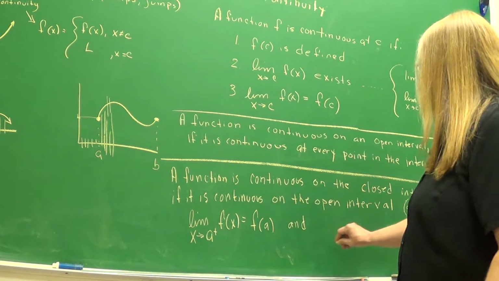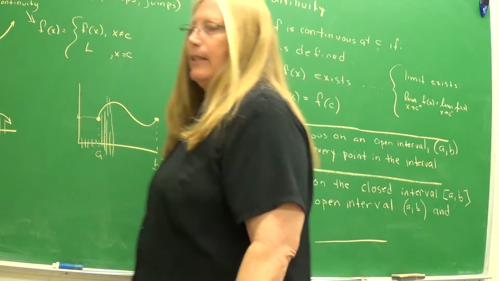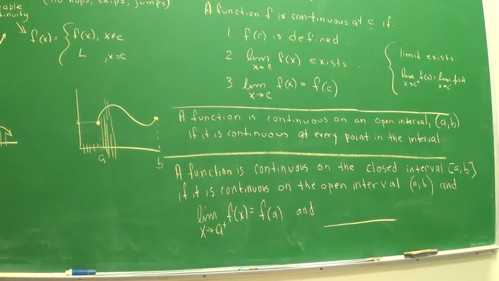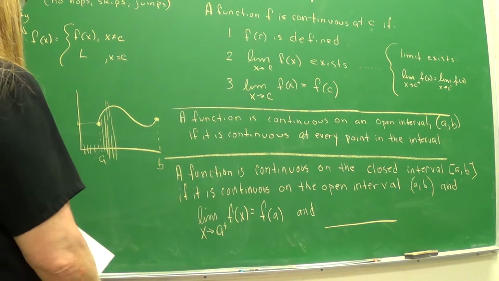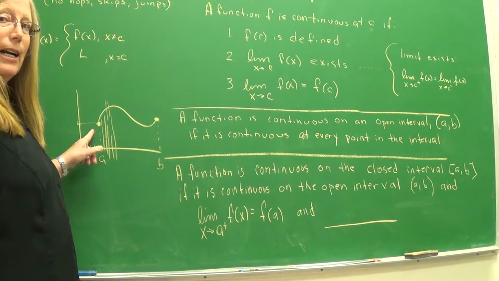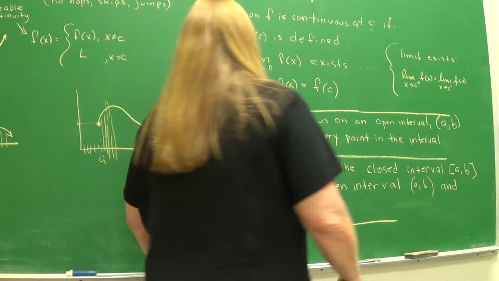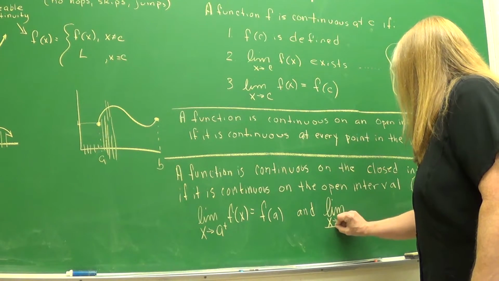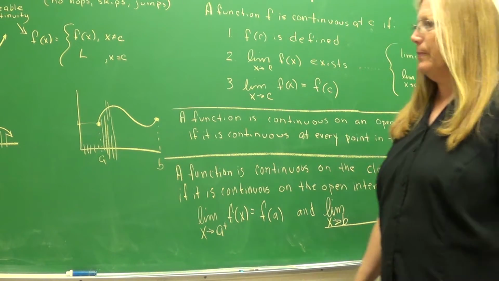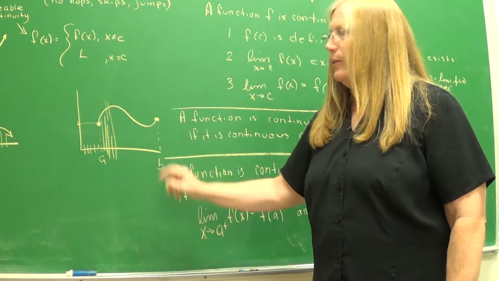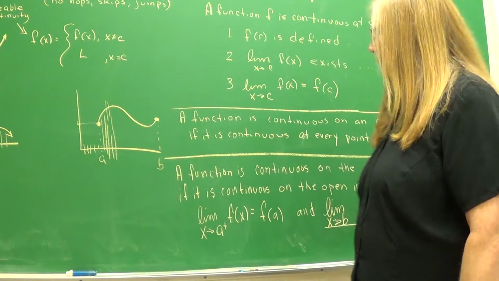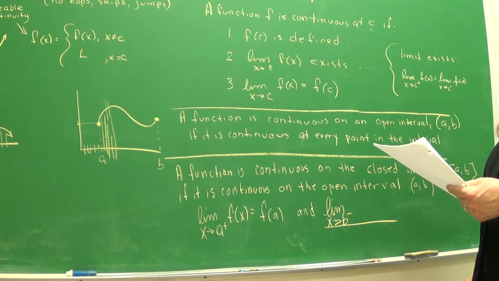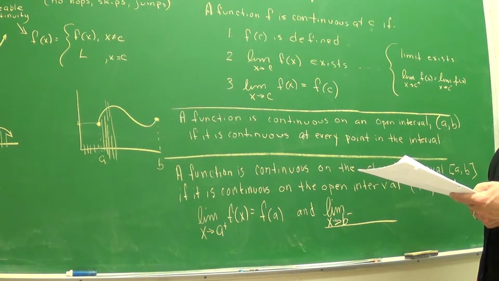And what do you think the rest is? I left a cognitive hole. See if you can fill it in. See if you can see where I'm coming from and where I'm going. If I dealt with this endpoint, now what am I going to say about the other? The limit as x approaches b from which direction? Notice we don't have anything on the right, so at b we're going to be coming in from the left, the little negative side.